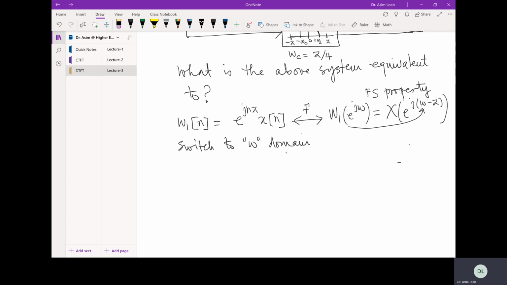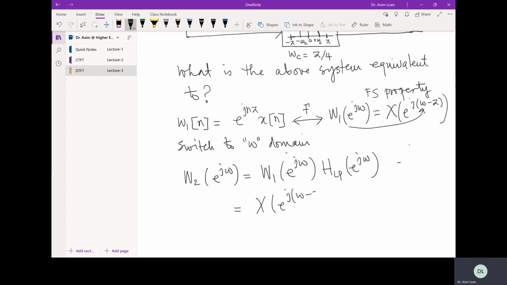Okay. So when we switch to the omega domain, W2 of e^{j omega} is simply W1 of e^{j omega} into H low pass of e^{j omega}, which is equal to X of e^{j(omega minus pi)} into H low pass of e^{j omega}.